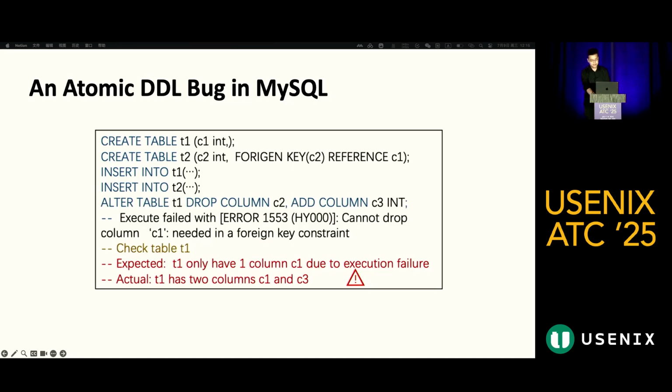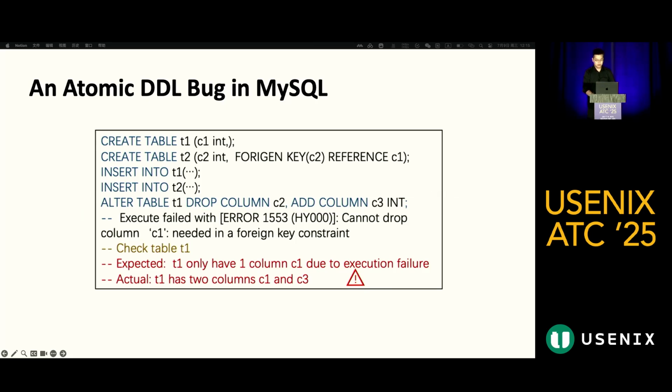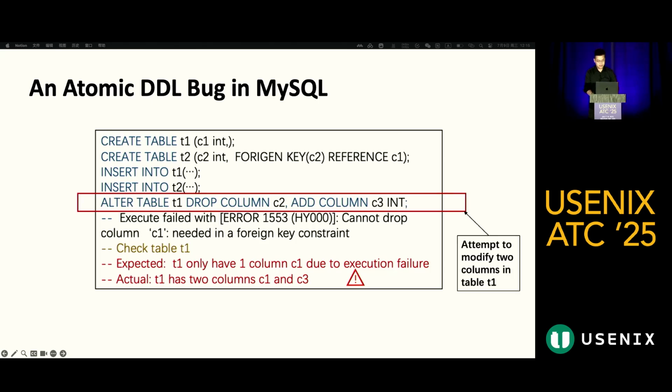Here we present an example of an atomic DDL bug in MySQL, which is caused by implementation errors in the rollback mechanism. Here we have an alter table statement that tries to drop a column C1 and add a new column C3 in table T1.